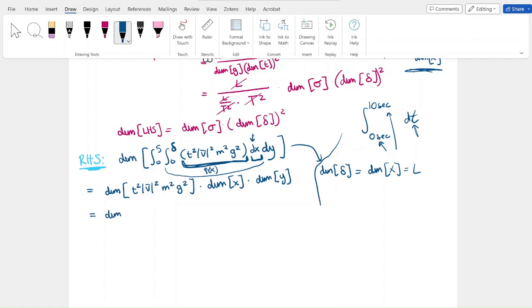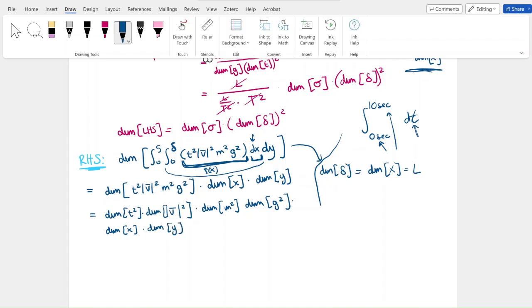We know that the dimension of any multiplication is just equal to the dimension of each quantity multiplied by each other. So for example here that would be this times the dimension of g squared times the dimension of x times the dimension of y.